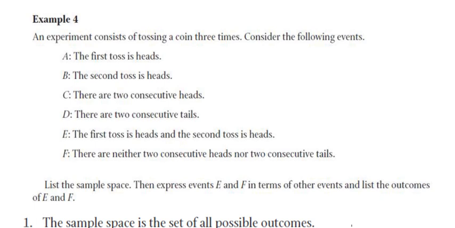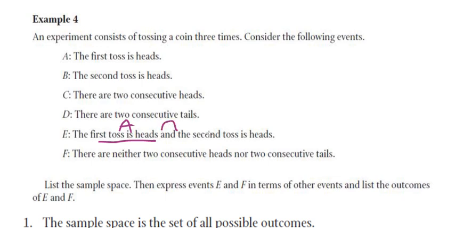So when we're looking here, E is telling us that the first toss is heads. Well, the first toss is heads is actually A right there. That's what the first toss is heads means, is outcome A. So the next thing is it says and. So we know that in probability language, and is the intersection.